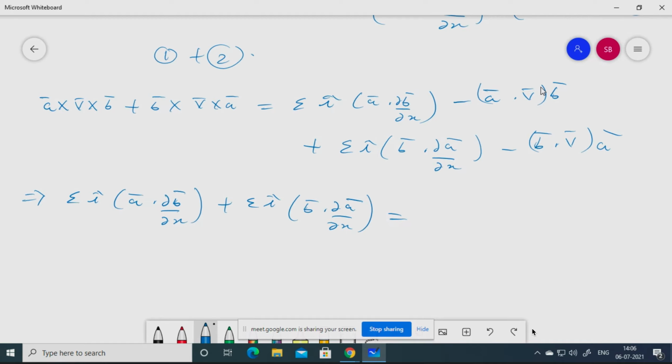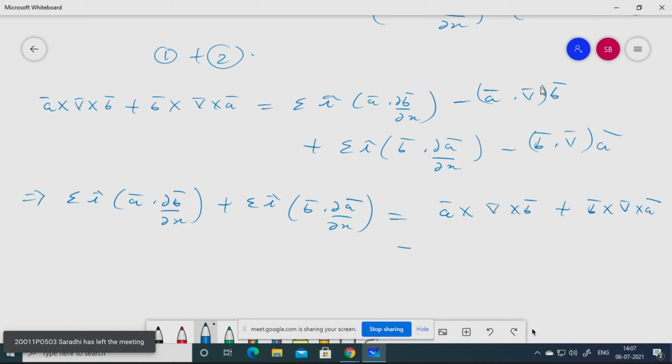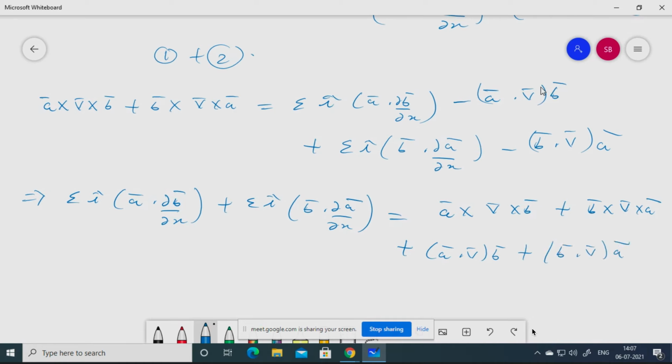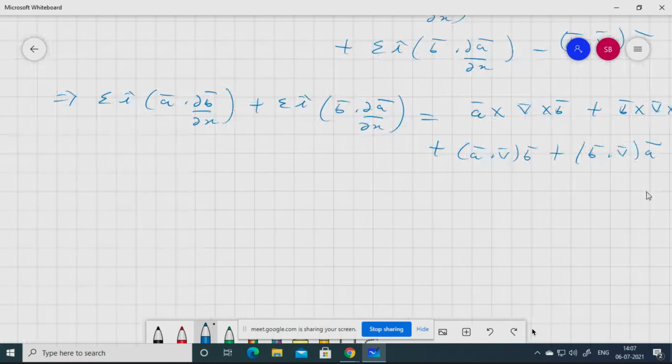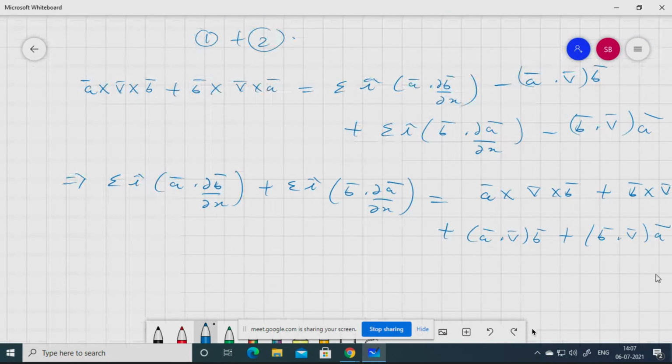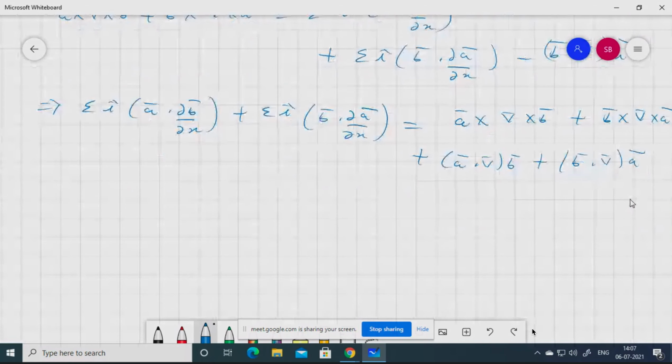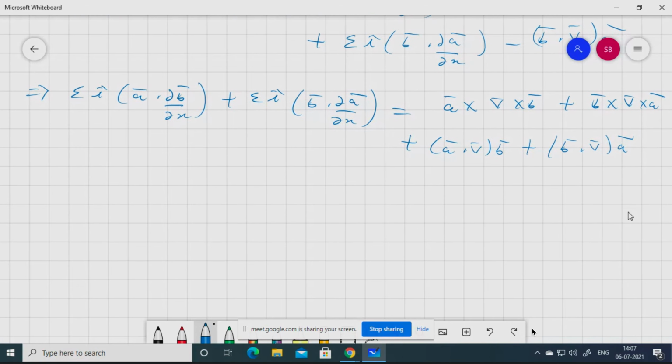This as it is, and this will be A bar cross del cross B bar plus B bar cross del cross A bar plus A bar dot del B bar plus B bar dot del A bar. Understood? Here also I have done nothing, just substituted, added these two, and one part I have shifted to the other side. That's it. Got it or not, all of you? Yes, ma'am. Okay.